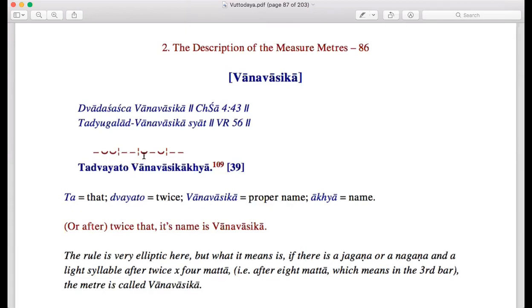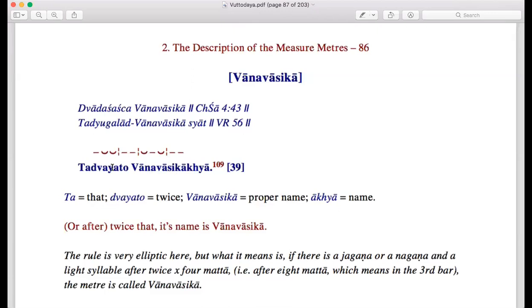Va, 8 measures, right? Tadvayato va. Here end the 8 measures, and then there should be a jagana or nagana with the lahu. Let's check it. Na va si is a jagana, right? Na lahu, va garu, si lahu. So that's a jagana.